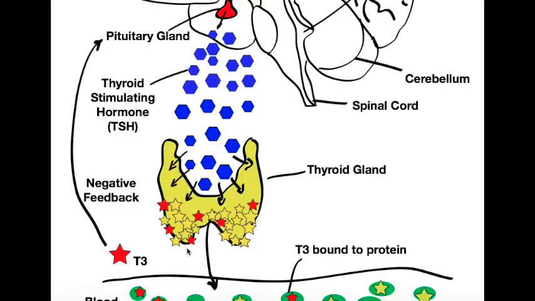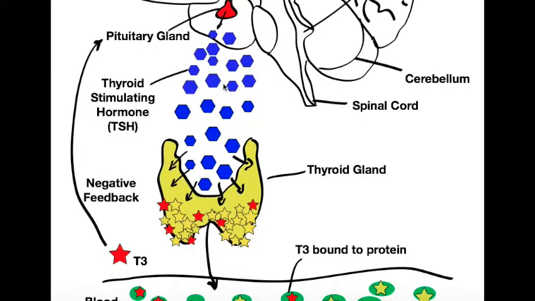When there is sufficient thyroxine, or T3, in the bloodstream, so let's say we've got enough red stars that are free in the bloodstream, those red stars will go all the way back up to the pituitary and tell the pituitary, we've got enough thyroxine in the bloodstream, you can stop producing your blue hexagons or thyroid stimulating hormones.